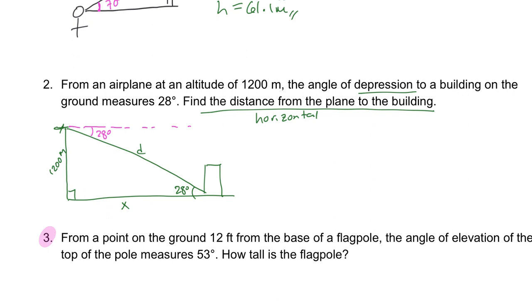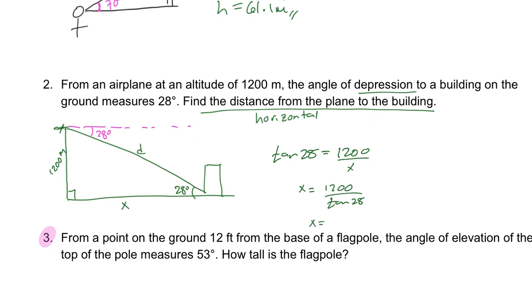Start by finding x. I have opposite, I have adjacent, right? It's from 28, so that means I'm using tangent. So tangent of 28 equals opposite over adjacent. Remember that we said that if I have my x in the denominator, at the end I'm always going to have 1200 divided by tangent of 28, because if I multiply times x on both sides, then divide by tangent.